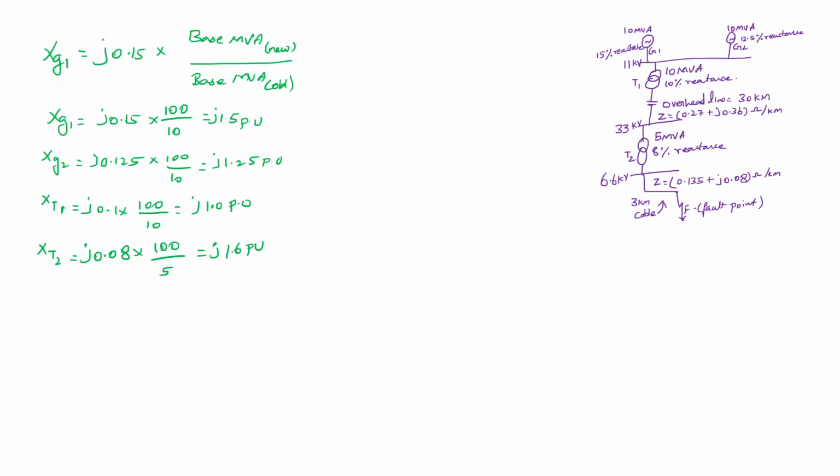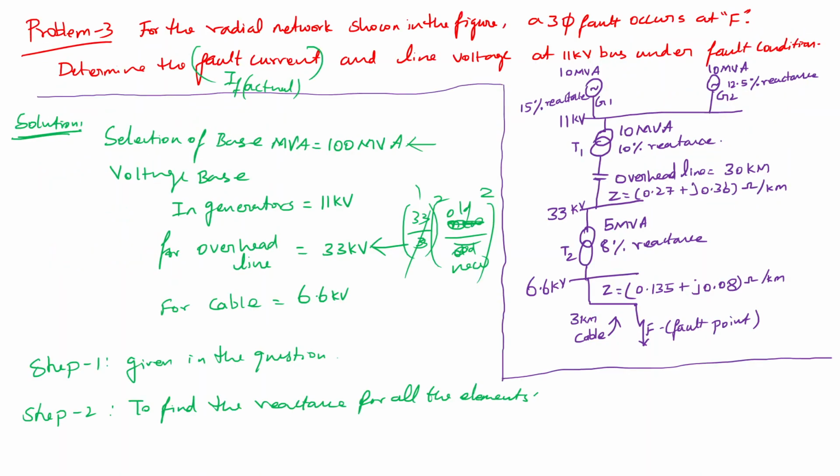Okay. Next, one thing we need to consider in step two, where we said we need to find the reactance: we usually assume there is no resistance for the transmission line, as I said in the first class. Suppose in the question they give a resistance or an impedance value, then we need to include impedance also, not only reactance.